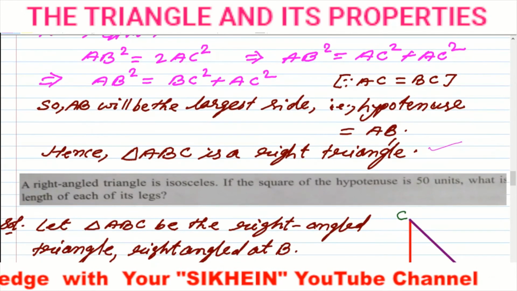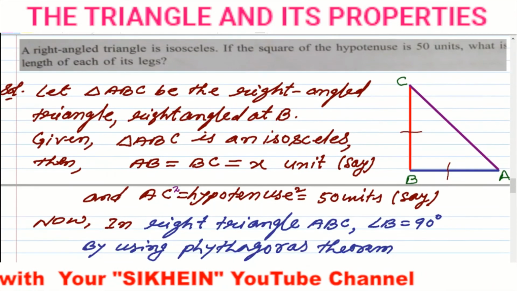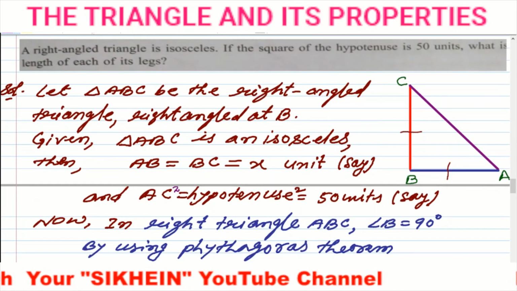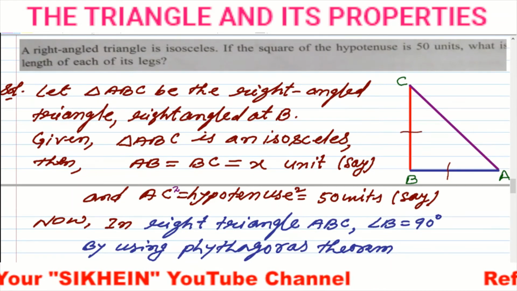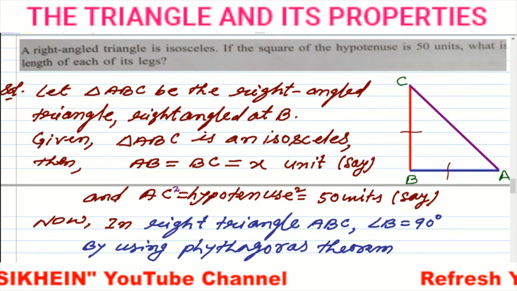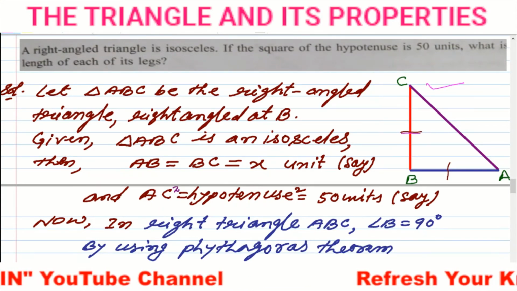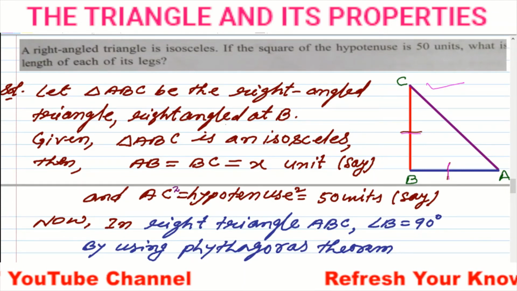A right angle triangle is isosceles. If the square of the hypotenuse is 50 units, what is the length of each of its legs, right? We will draw a triangle whose sides are equal as per the question.